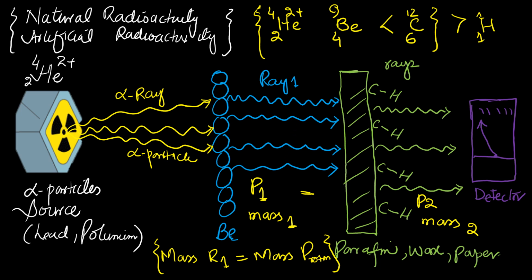So now, dear student, let us discuss what kind of radioactive reaction basically takes place during James Chadwick's experiment. This is artificial radioactivity. According to James Chadwick, he took an alpha particle source, and in the experimental setup he also used beryllium atoms.